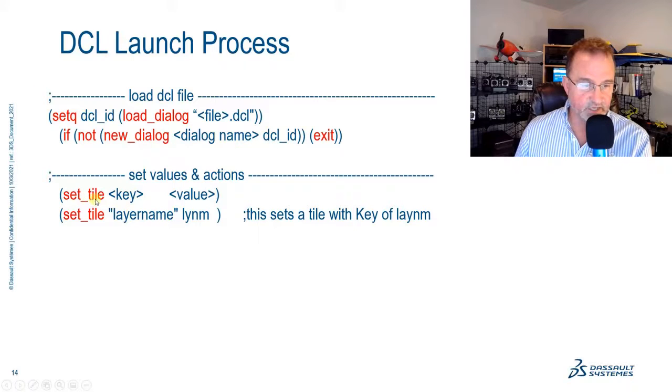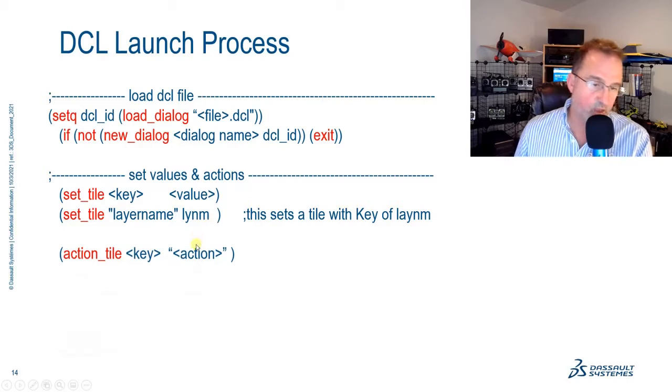Well, I could say set tile, whatever the key is, and then whatever the value is that I want to put into that key. So in this case, I can say set tile layer name is whatever our layer name is. So once we've defined, if we have tiles that have to be either turned on or off, sometimes like toggles, we could turn them on and off, or with edit boxes, we can put information in there, or with text, we can assign that key, that piece of text.